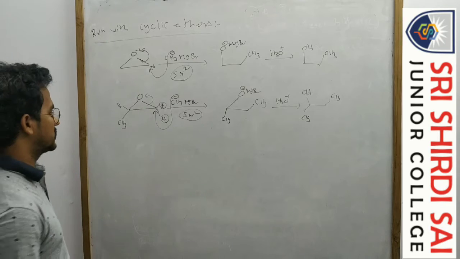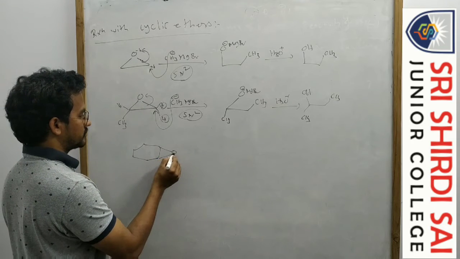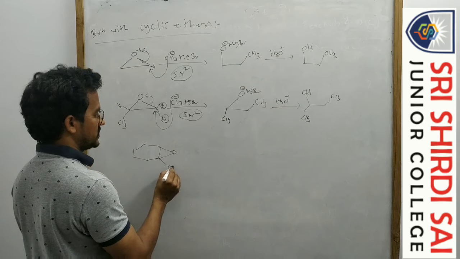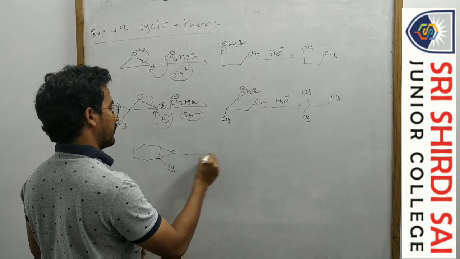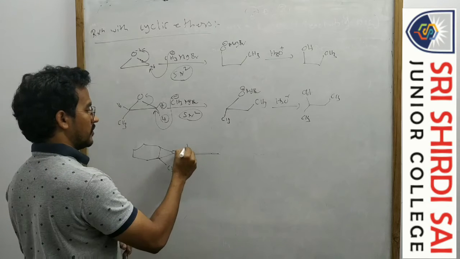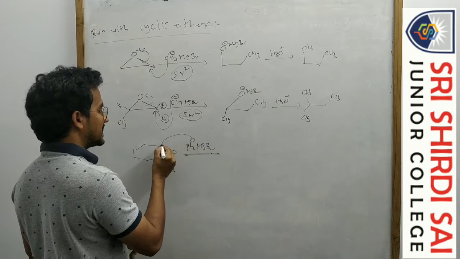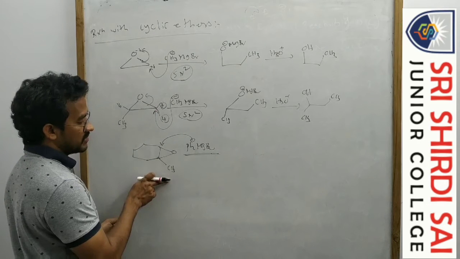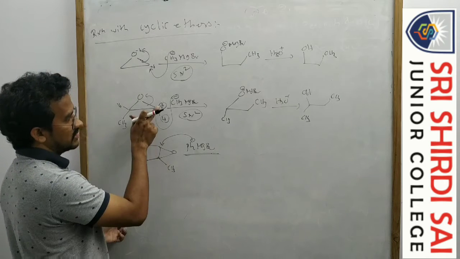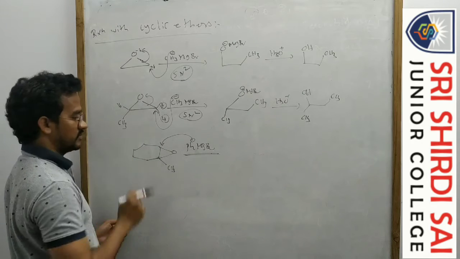Okay, cyclic ethers. Or suppose let us take this one with a methyl, reacting with phenyl magnesium bromide. So Ph minus attacks the less substituted carbon. This is the more substituted carbon because there is a methyl group. Here hydrogen, less substituted; methyl, more substituted.